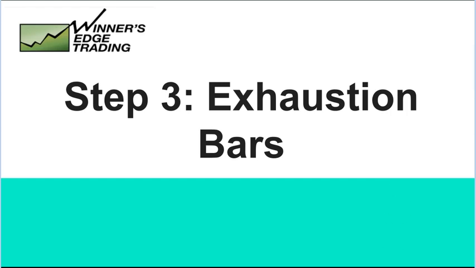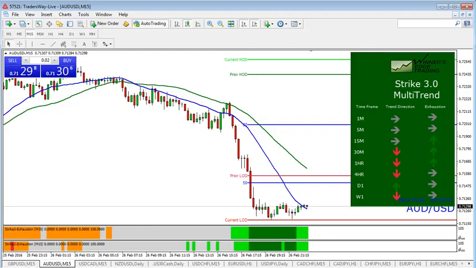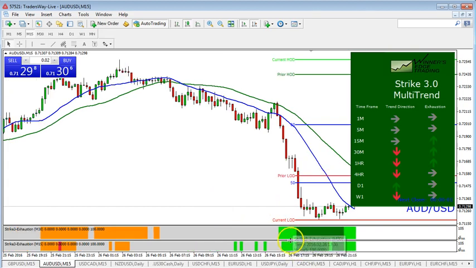So let's take a look at the exhaustion bars. Okay, so these are the exhaustion bars, and the different setups that we have, there's only 4 setups. There's a G2, which is light green on 2 different time frames. And then there's G3, which is dark green on 2 different time frames.